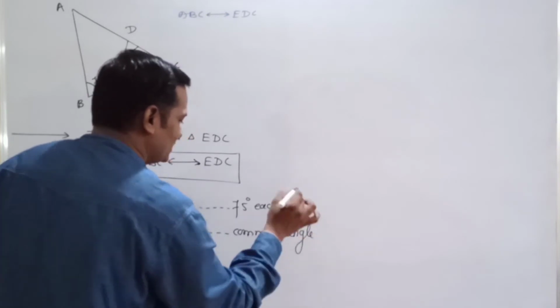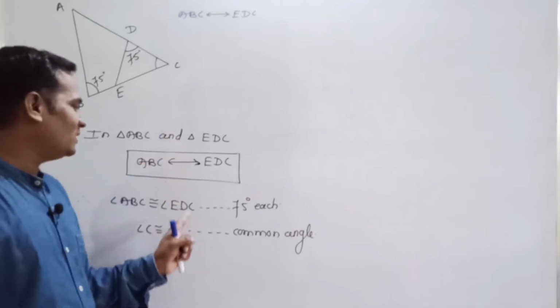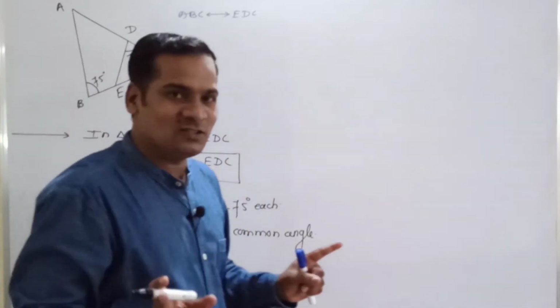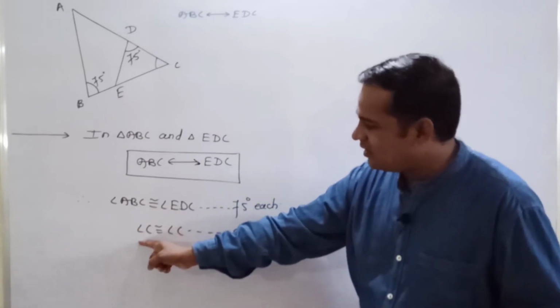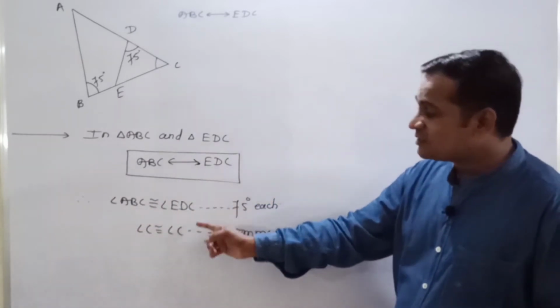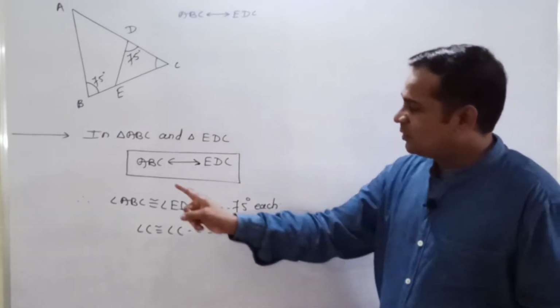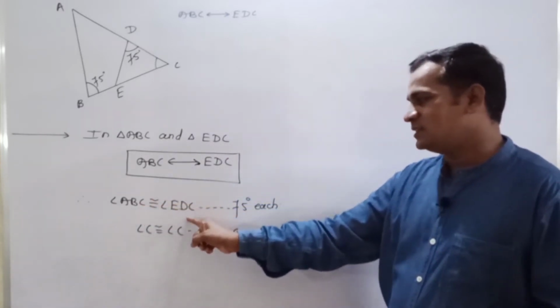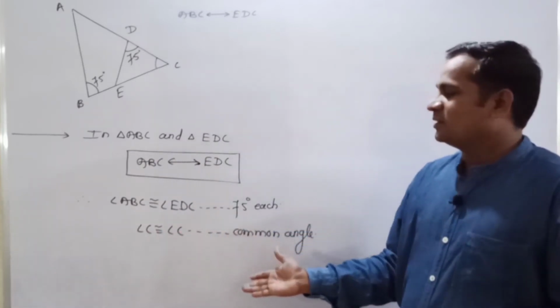Okay, and we just want any two angles congruent. So in a one-to-one correspondence between the vertices of two triangles, any two angles of the first triangle are congruent with the corresponding angles of the second triangle. That is very important. Now ABC corresponds with EDC, and angle C is common, so that is also a corresponding angle.